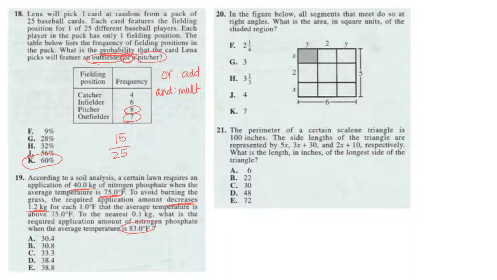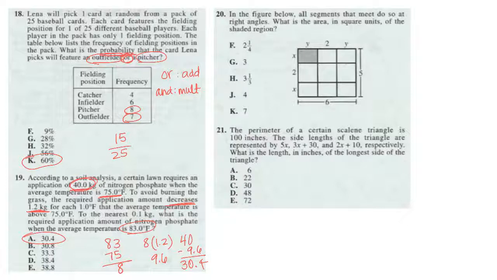So the first thing we need to do is see how much of a difference this is. So 83 to 75, that's going to tell us that we have an 8-degree difference. And for each degree difference, we have a change of 1.2. So that's going to give me 9.6. So finally, we need to know how much is remaining. So 40 minus 9.6, and that's going to leave us 30.4, which is going to be answer choice A.